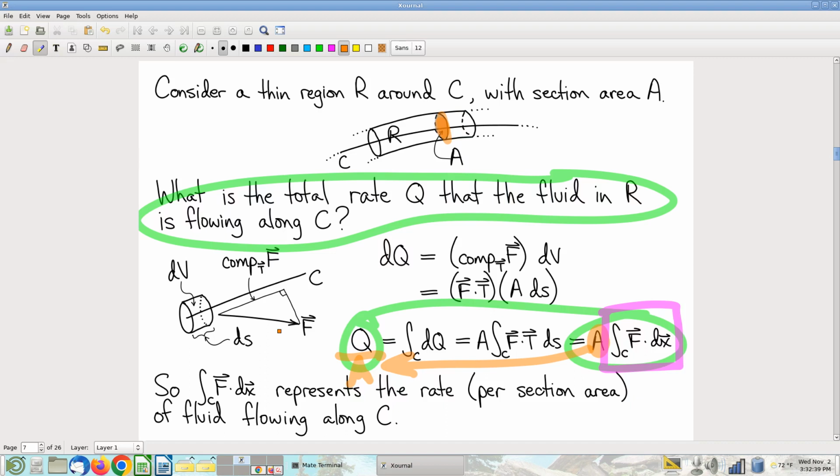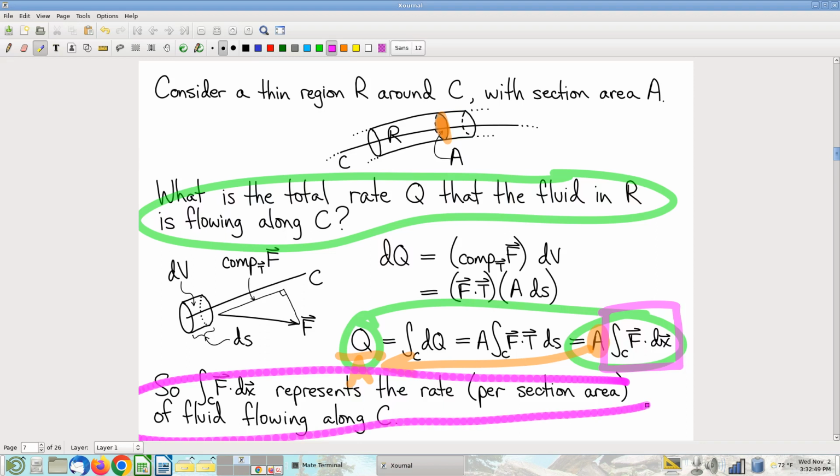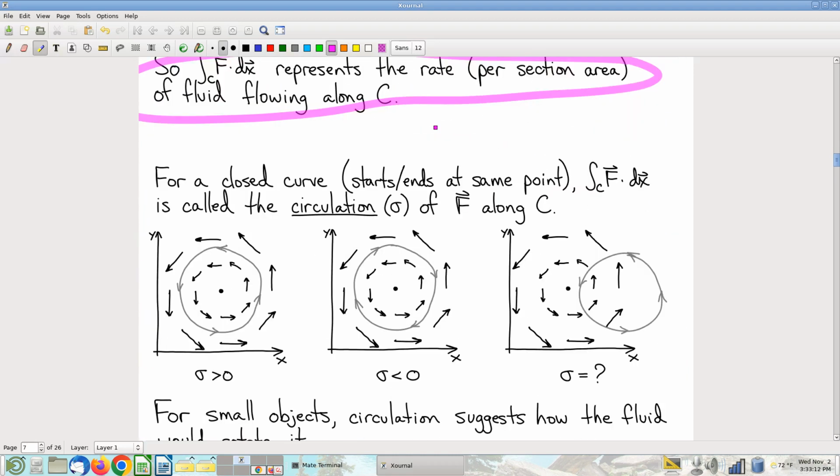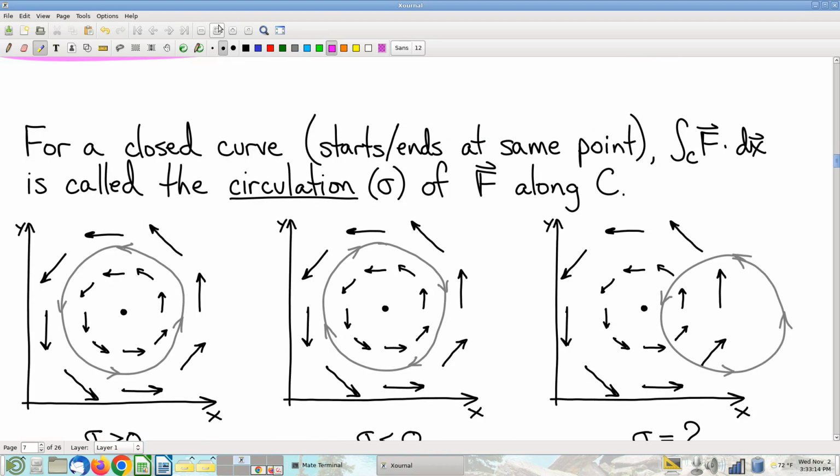But it's telling you how much the fluid is flowing along the curve. Right? And so this is the interpretation that I want to take here of line integrals, or said differently, this is our real conclusion. This is what we care about from this calculation. We don't actually care about little tubes of fluid. What we care about is that we now have an interpretation of vector line integrals in the context of fluids.